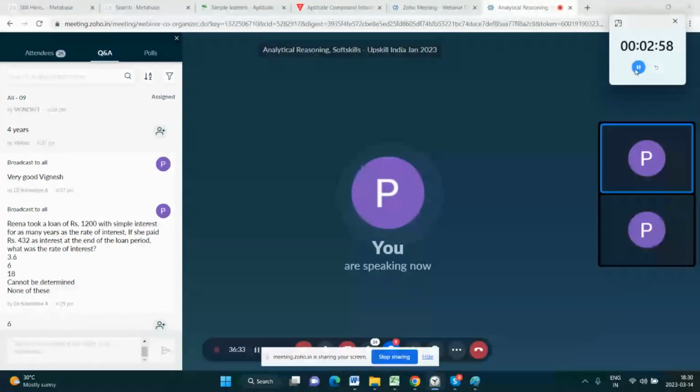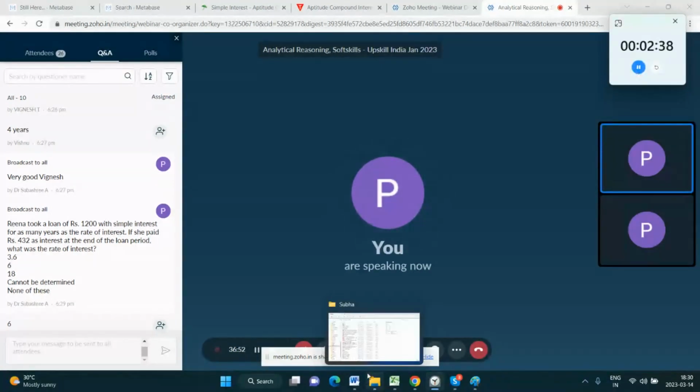I'm giving you 3 more minutes. You have the principal 1,200. How much interest Reena paid is also there at the end of some period. இப்போ நம்ம அல்ஜிப்ராவில என்னன்னா, if you have one equation with only one variable, you can find out. If you have 2 variables, you need 2 equations to solve.